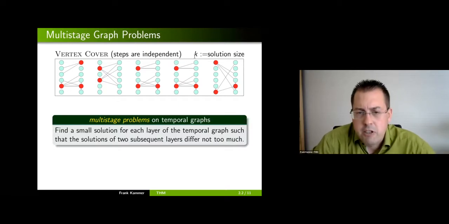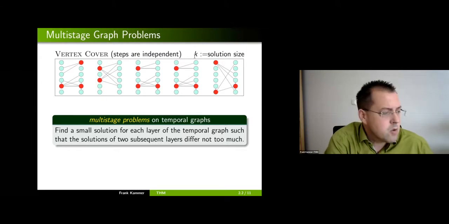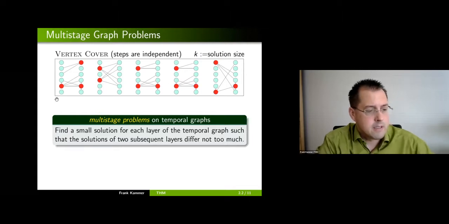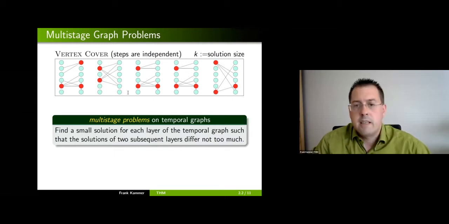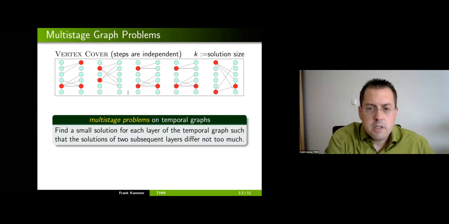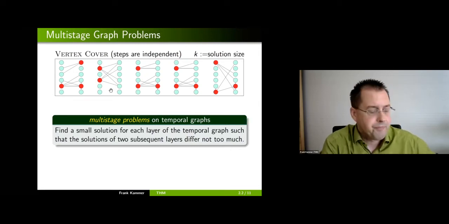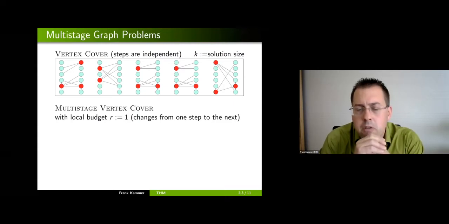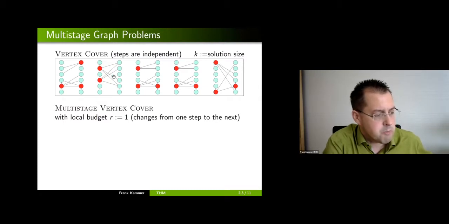And what are multi-stage graph problems? Here the goal is to find a solution in every layer. Now we do not consider these graphs independently, but as a temporal graph, step 1, step 2, and so on, such that the solutions in subsequent layers do not differ too much. Often one focuses on a certain bound on the difference from one step to the other.